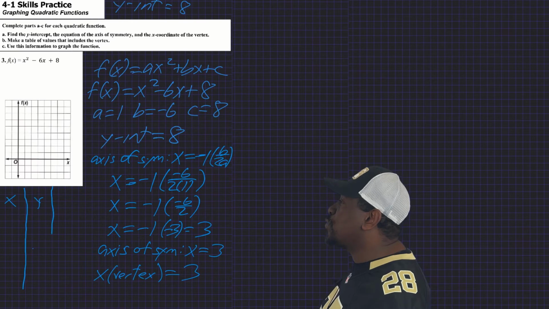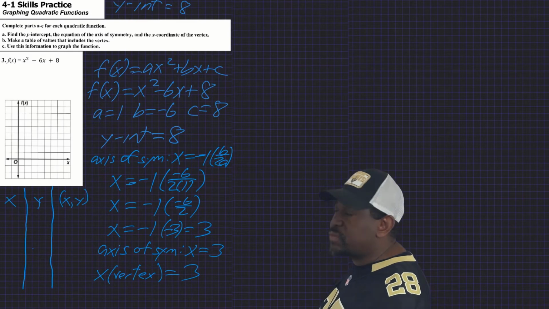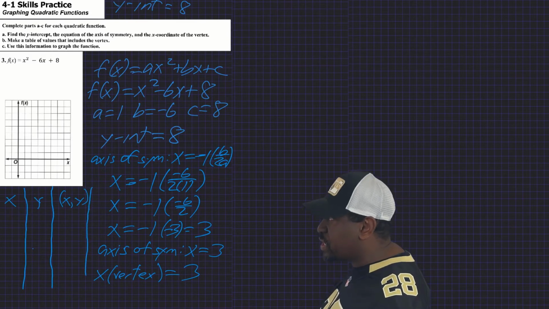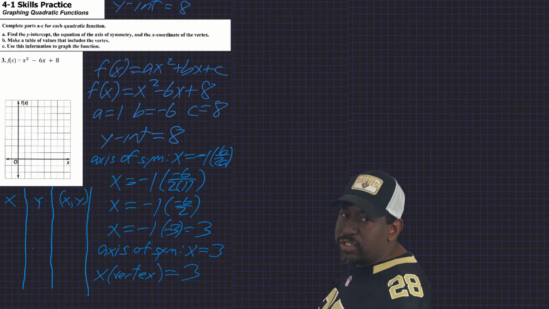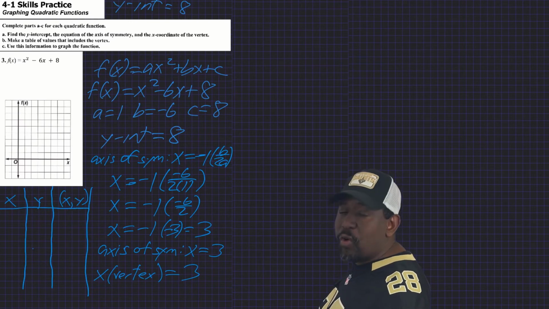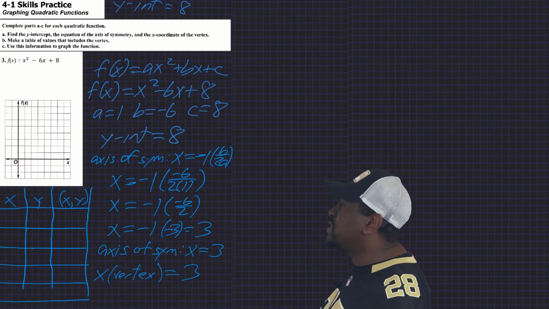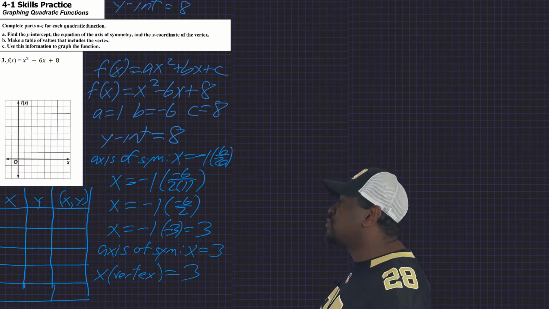We will put 3 in the middle of the table, and we will pick 2 x values to the left of 3, which will be 1 and 2. And we'll pick the next 2 values to the right of 3 when they increase, and that will be 4 and 5. And so that should appear in the table any second now. So we'll wait to see that.